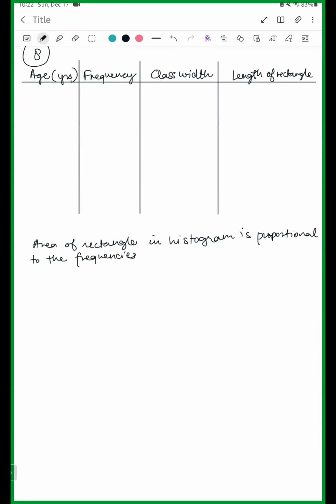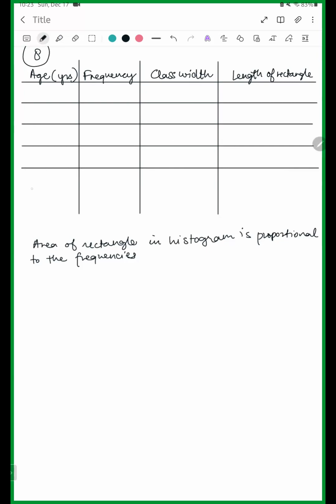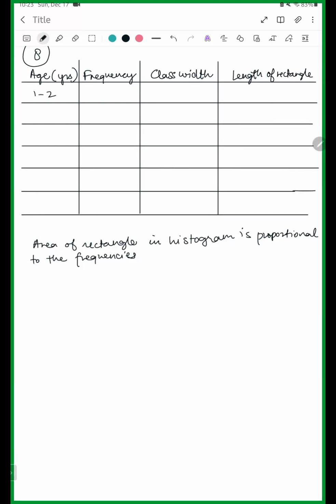Okay. So the first one, let's write all the ages like this. We have 1 to 2, 2 to 3, 3 to 5, and hurry up please because we are running short of time, 5 to 7, 7 to 10, 10 to 15, and 15 to 17.